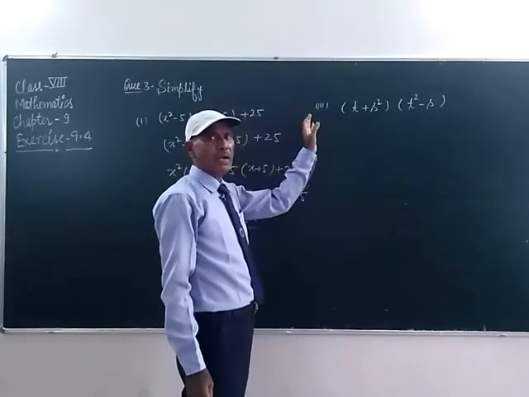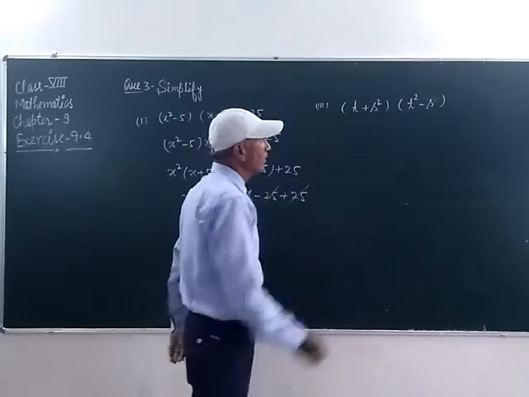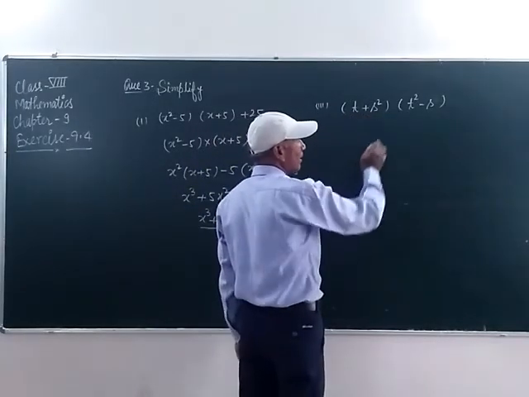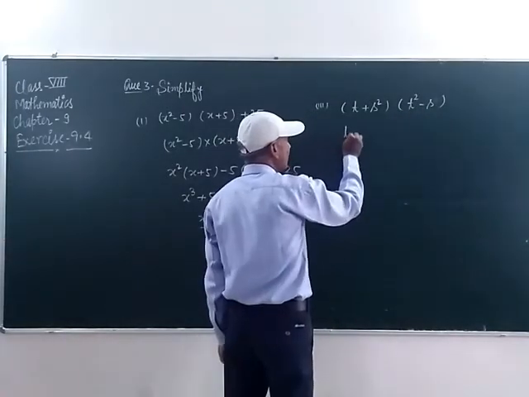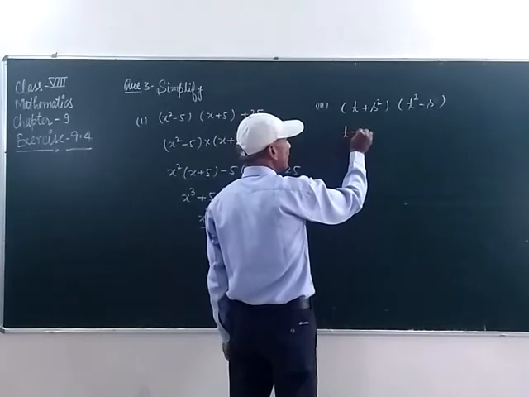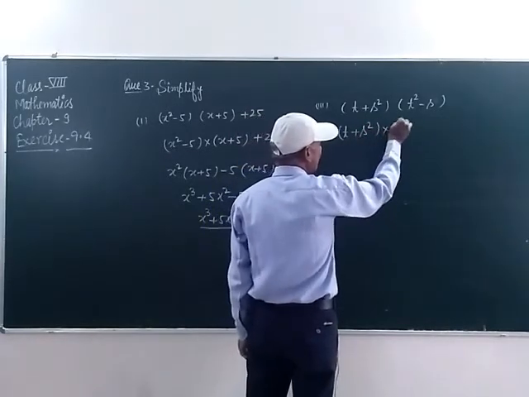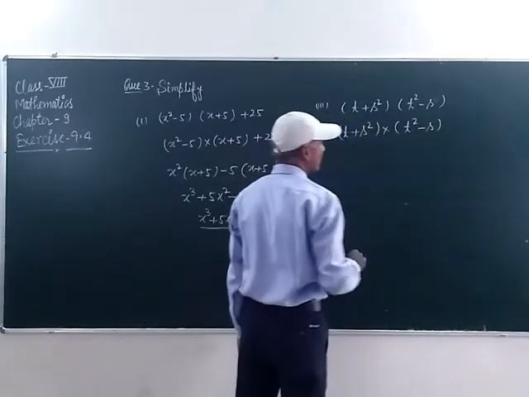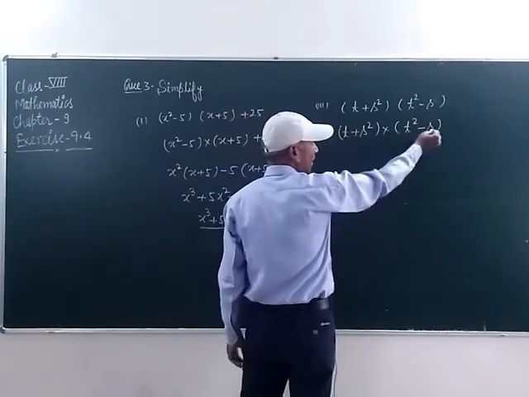This is the third part of question number 3, student, and in this we have to multiply (t + s²) with (t² − s). So first of all, we have to write (t + s²) multiplied by (t² − s). First we multiply t with (t² − s).